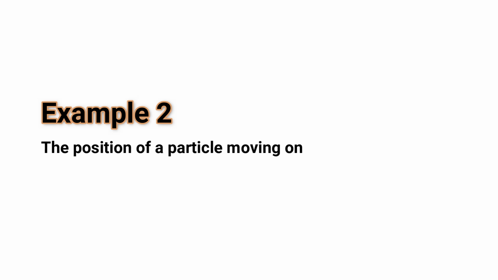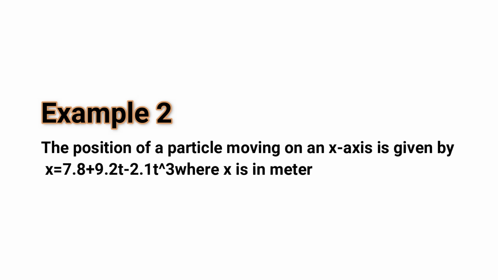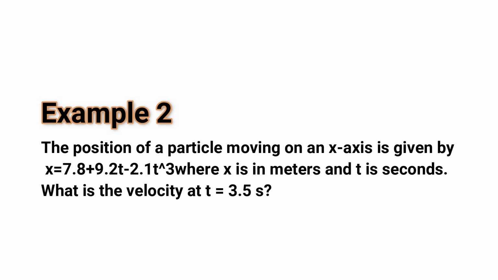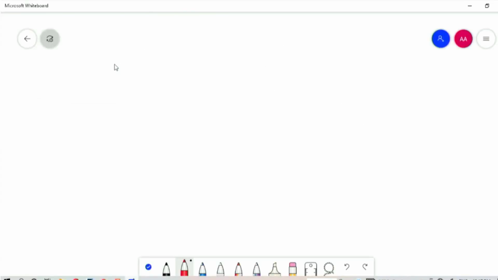Let's look at example 2. The position of a particle moving on an x-axis is given by that, where x is in meter and t is in second. What is the velocity at t equal to 3.5 seconds? That is simple enough to solve. So let's look at the solution.